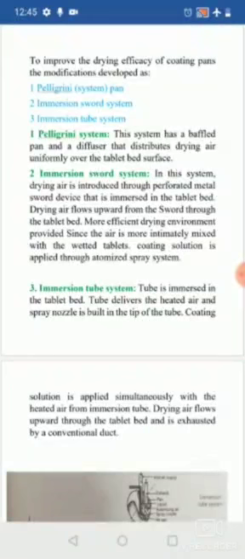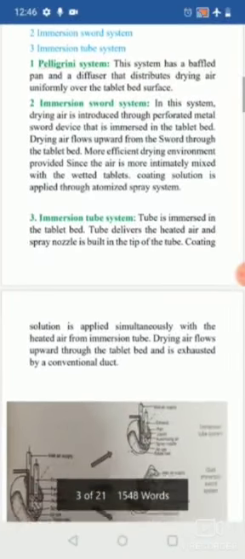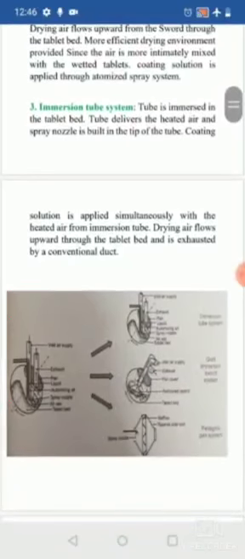The exhaust air is exhausted by the conventional duct, that is the opening, or there will be a separate vent for the passage of the air. So it is dried or exhausted easily, and the coating solution is also applied uniformly throughout the tablet bed. Here you can see this is the conventional coating pan.